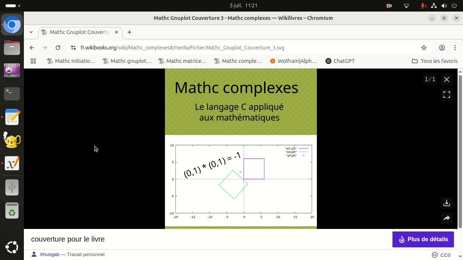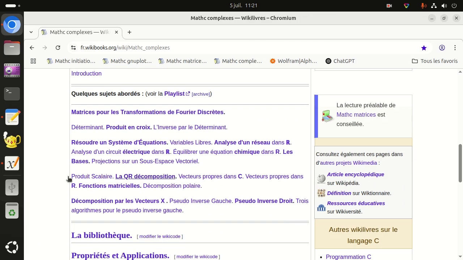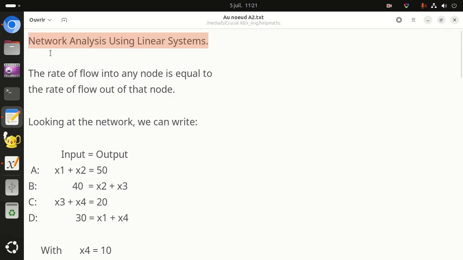Hi, today I want to work with my complex linear algebra library. I want to work on network analysis using linear systems.